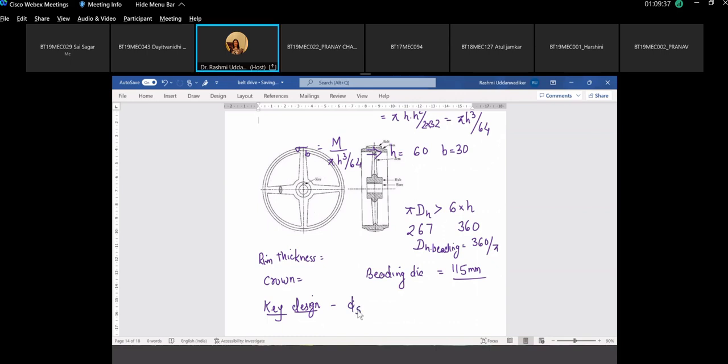And you can refer to page number 78, table 7.5.